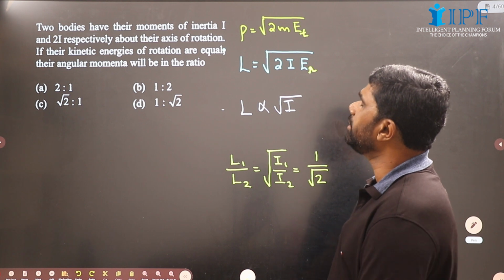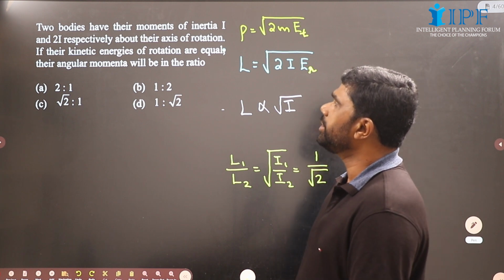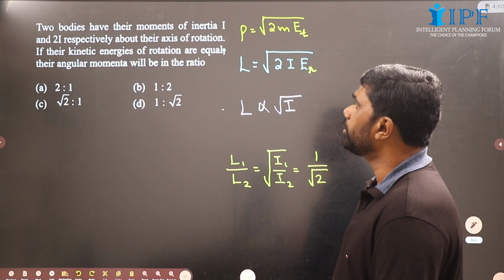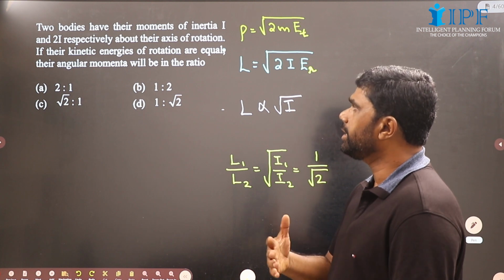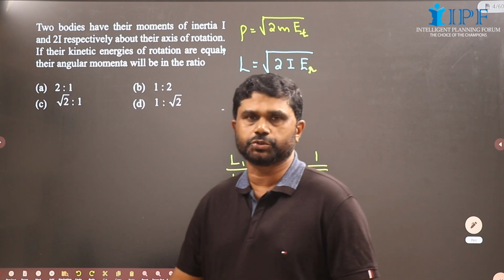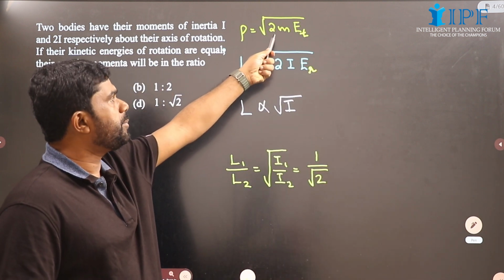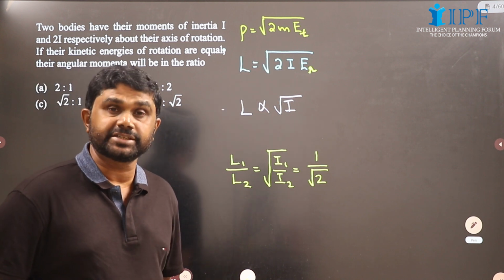Two bodies have their moments of inertia I and 2I respectively about their axis of rotation. If their kinetic energies of rotation are equal, then their angular momenta will be in the ratio. This is linear momentum in terms of mass and translational kinetic energy.